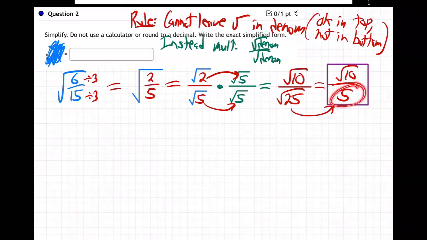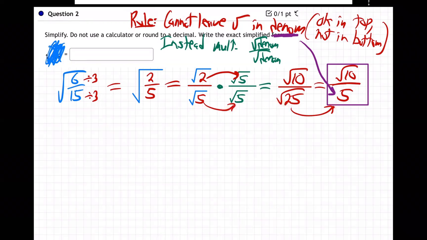What did we do? We got rid of the root from the bottom. You see that? No more root in the denominator. So how did we do that? Well, we multiplied the denominator and the top by the same thing. So that made it root 25, which is plain 5.